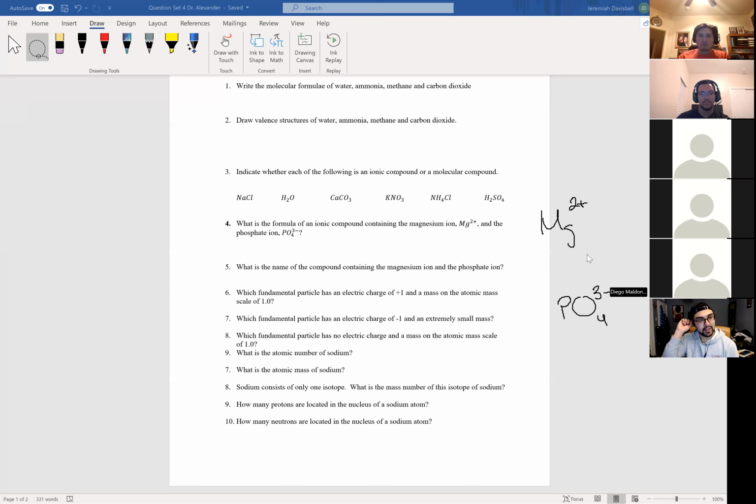All right, so how would we write out this formula? We'll write them next to each other. Would it be Mg3 and then PO4 2?